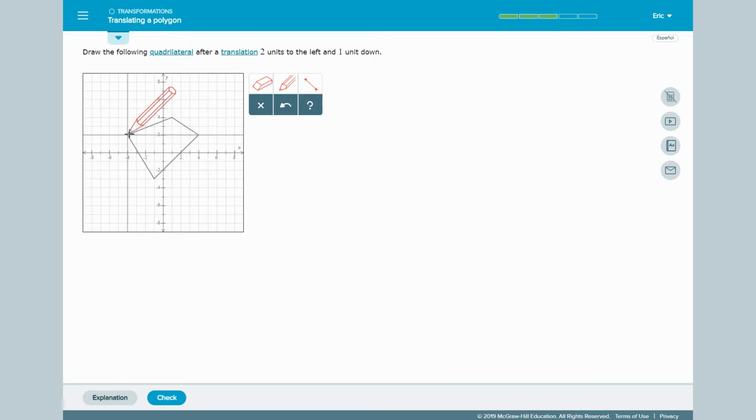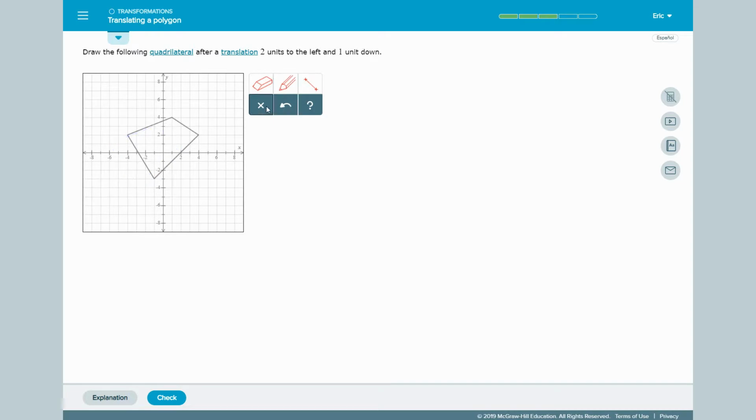So starting here, I go 1, 2, 1. Here is 1, 2, 1. 1, 2, 1. 1, 2, 1. And here's the hard part, connecting the dots in the right order. Because if for some reason you skip over some dots, you'll end up getting a weird looking shape.